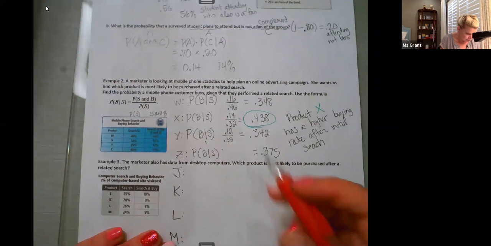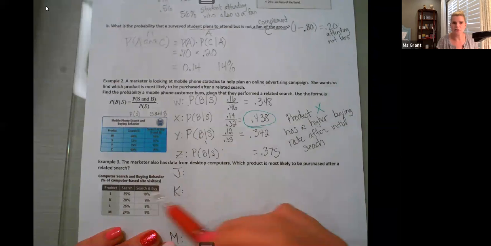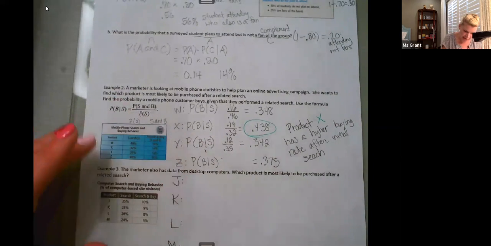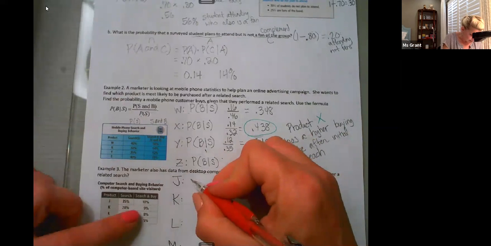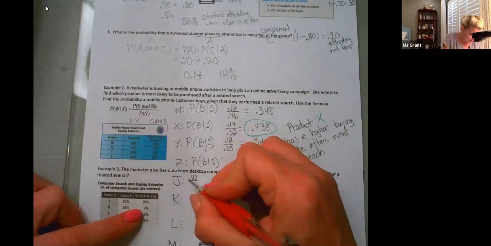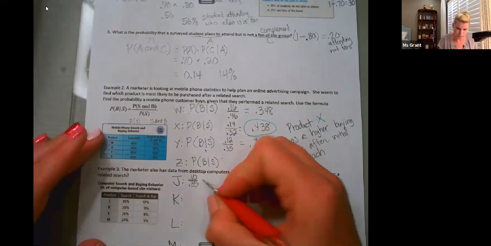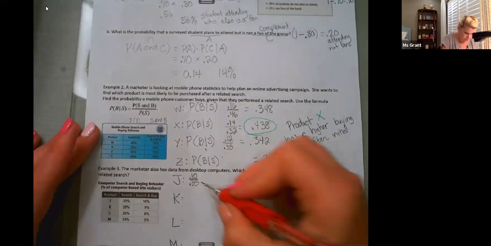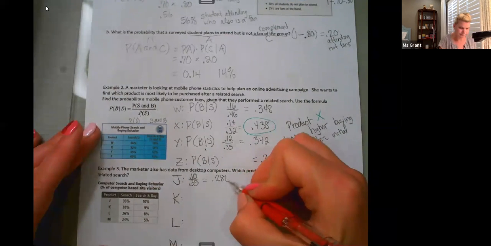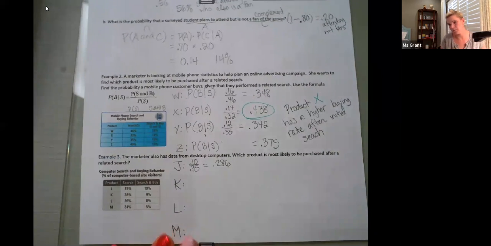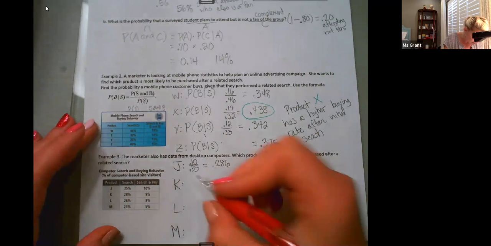I'm going to do search and buy divided by search. Same thing up here. J, 0.10 divided by 0.35. 0.286. K, L, and M are all the same. Just go through, write them without my help. You're just dividing. Get your calculators, have it all ready to go.